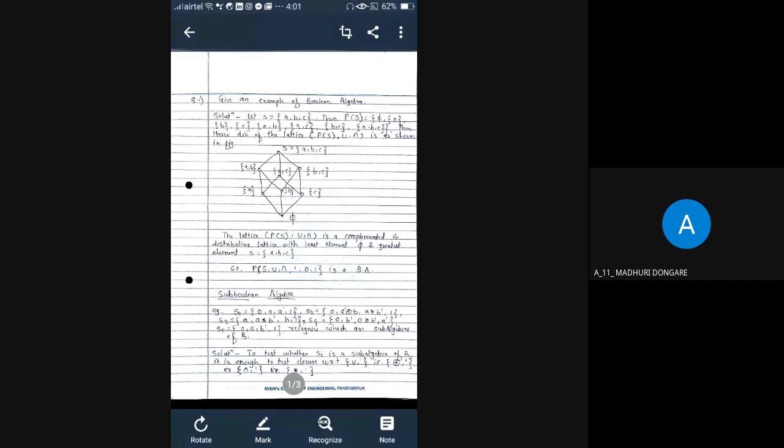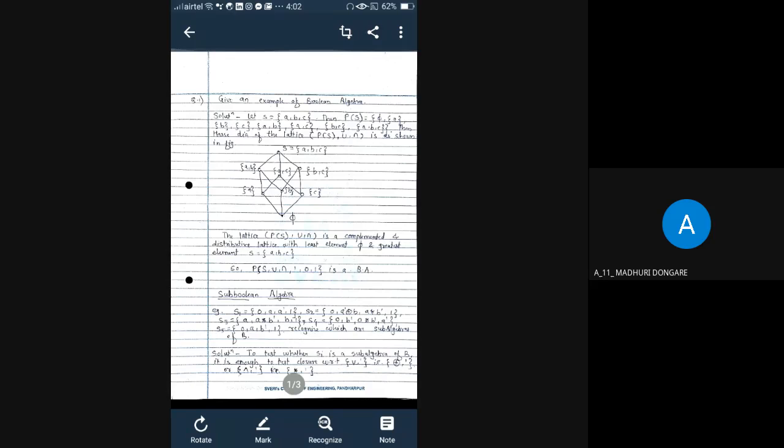So how can we define the lattice? The first element is phi, then set A, set B and set C. Now A and B are connected into set {A, B}, B and C are connected into set {B, C}, and A and C are connected into set {A, C}.